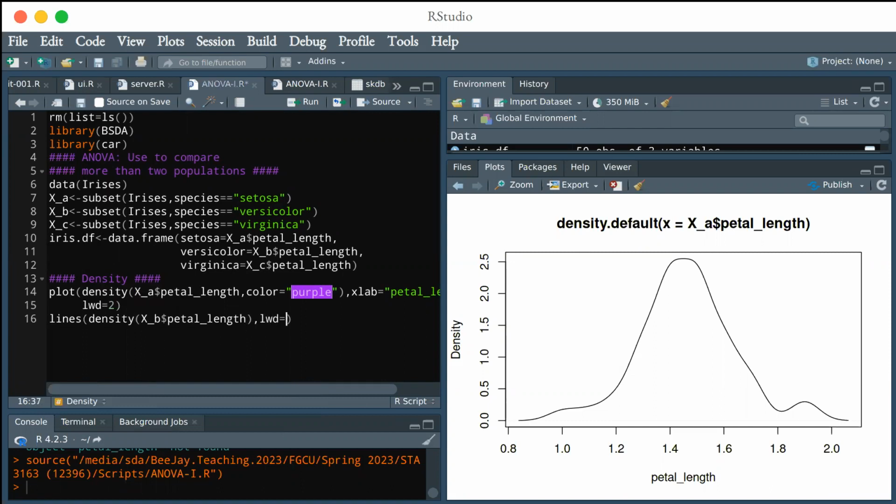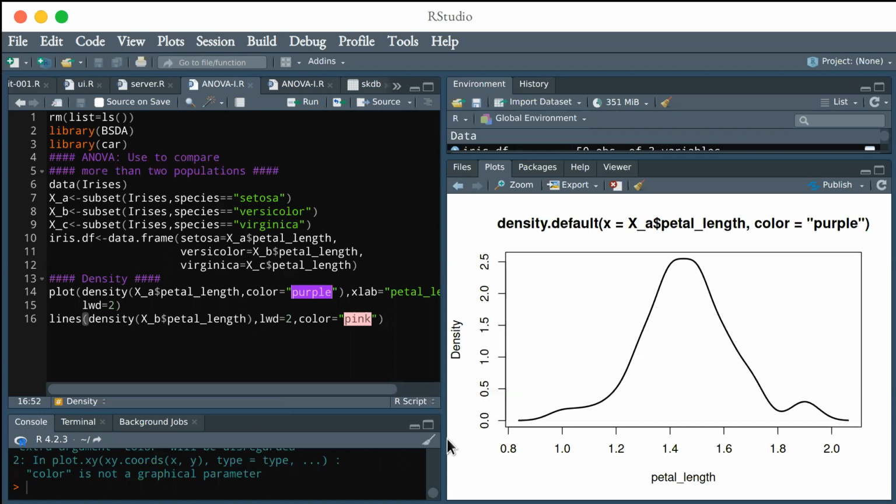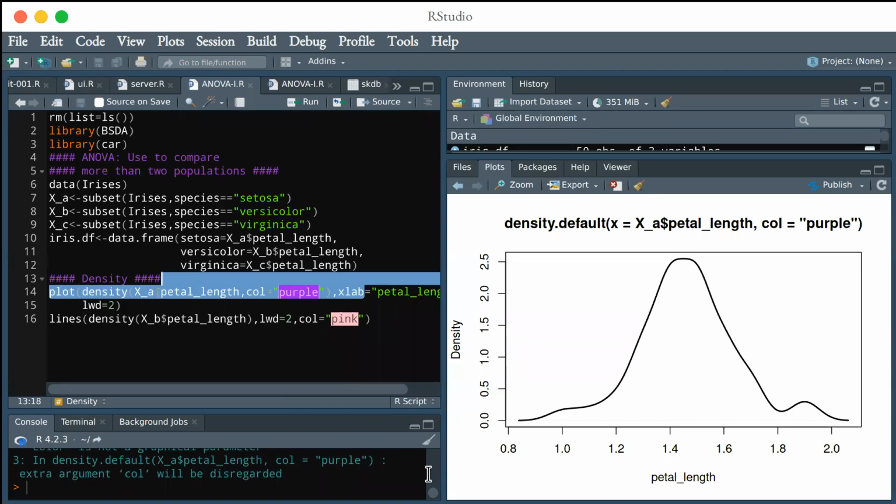Hopefully it's different. Why is it blue?